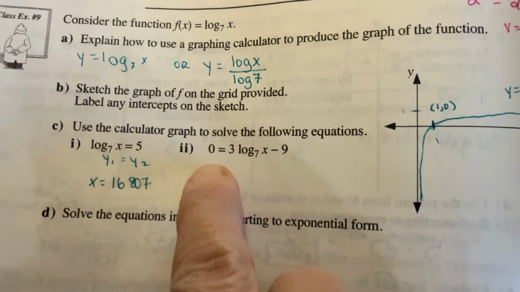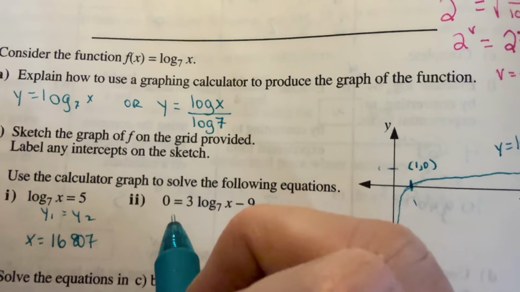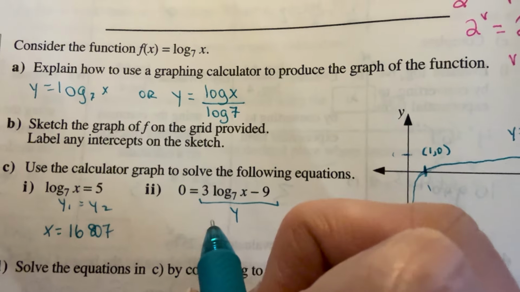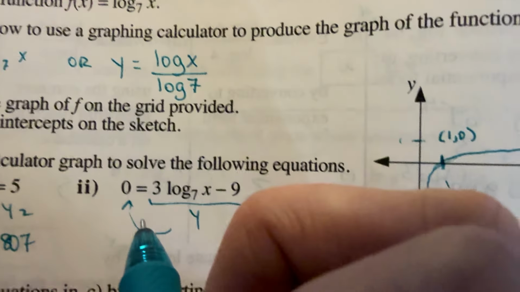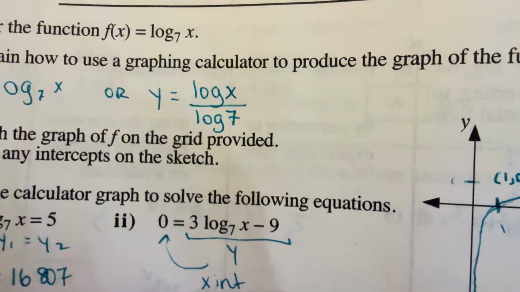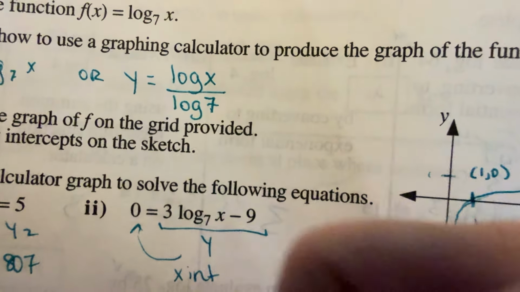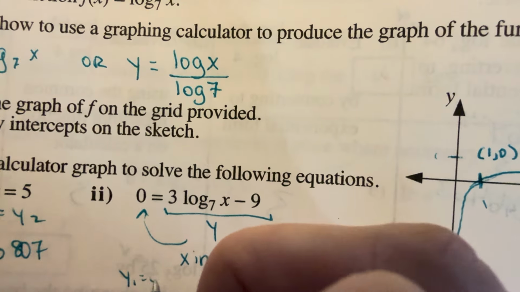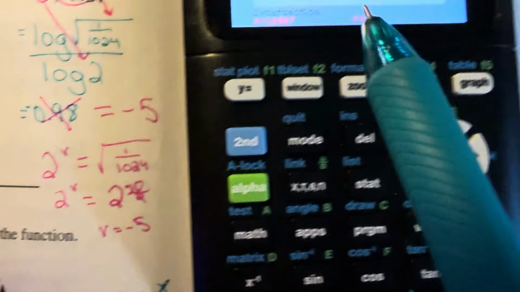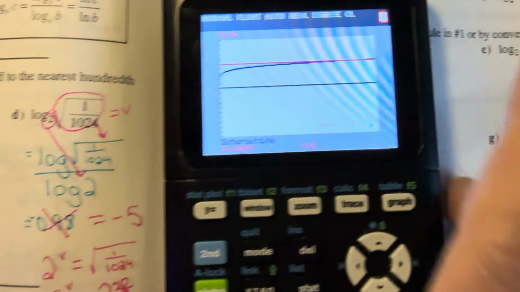This is the way you would do this. You would plug this in. So this is your Y, and you're looking for your X intercept. Technically, Y1 is equal to 0 and Y2 is equal to that. Well, Y equal to 0 is this line here, okay?